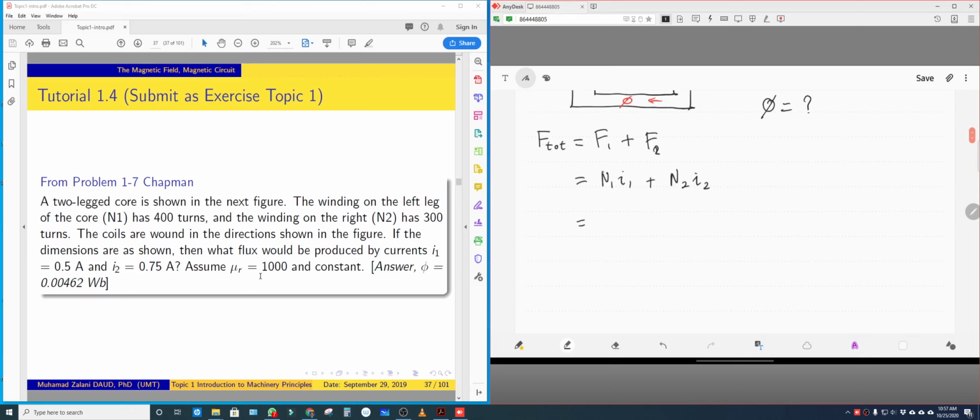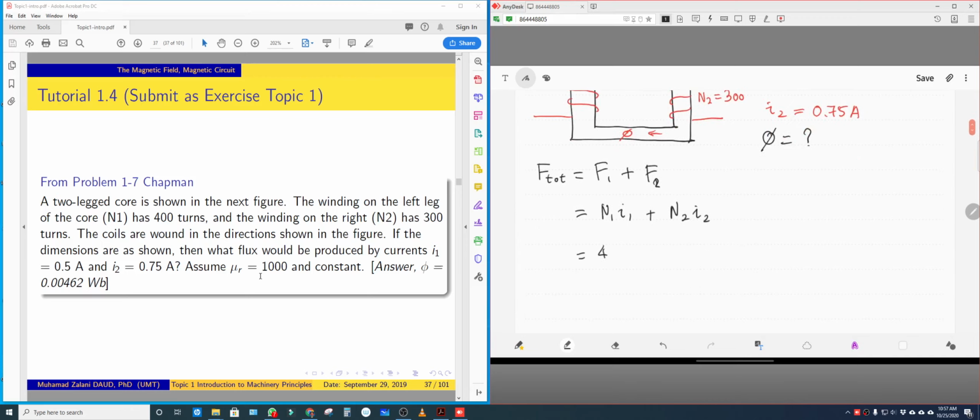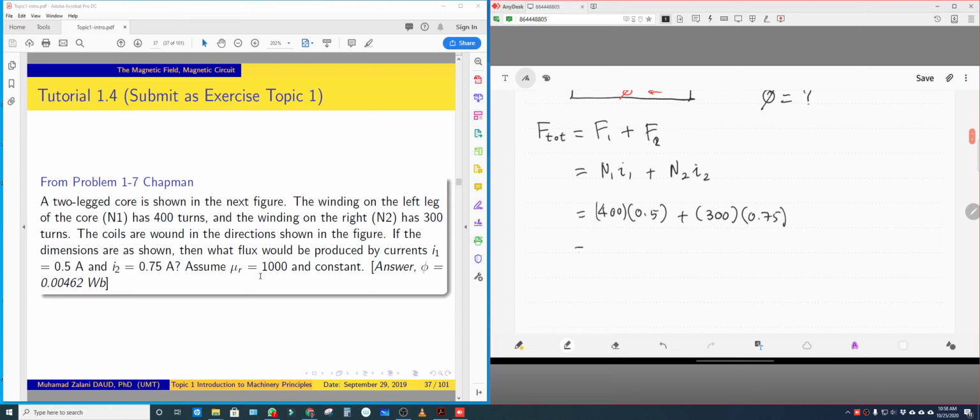N1 is 400, I1 is 0.5, N2 is 300 and I2 is 0.75. So total MMF is 200 plus 225, which gives 425 ampere turns of MMF.